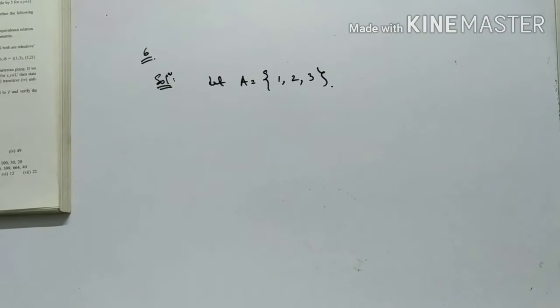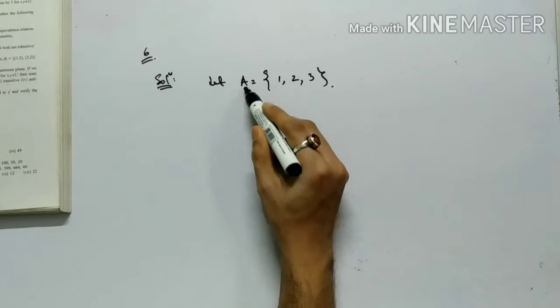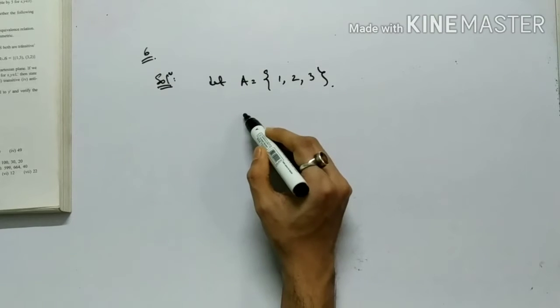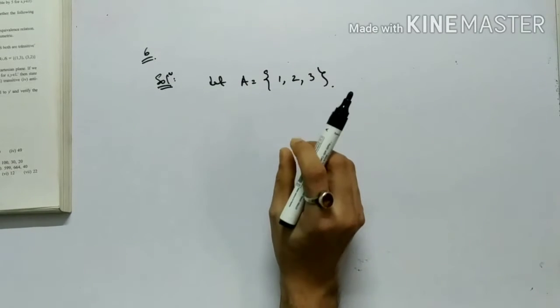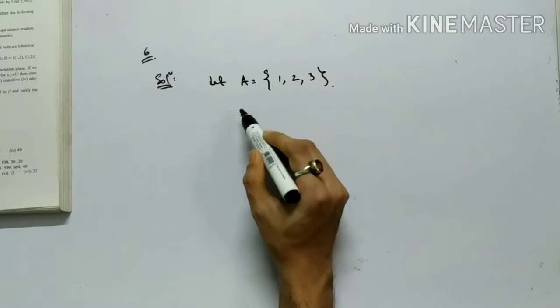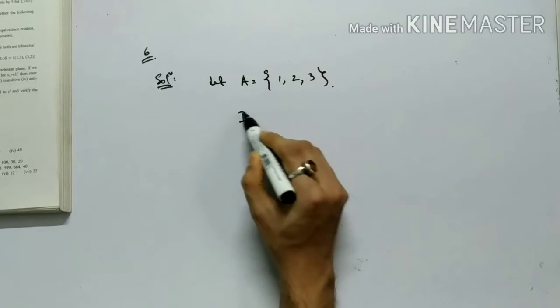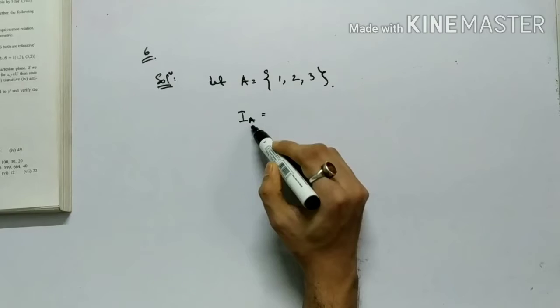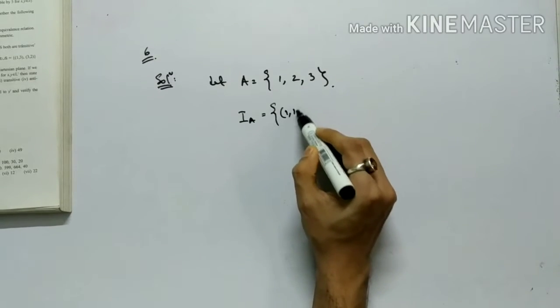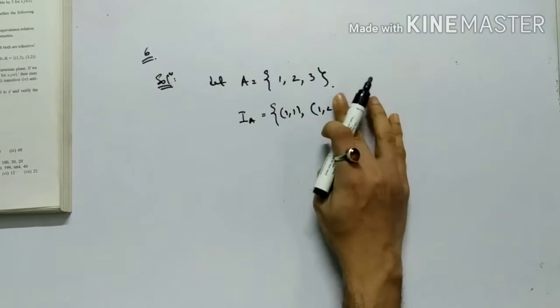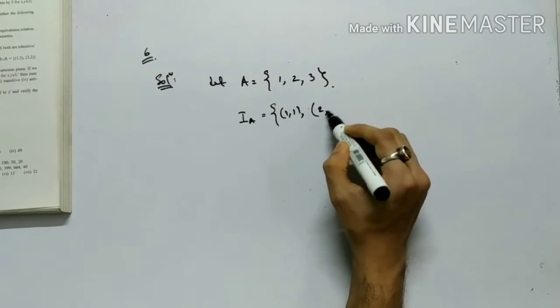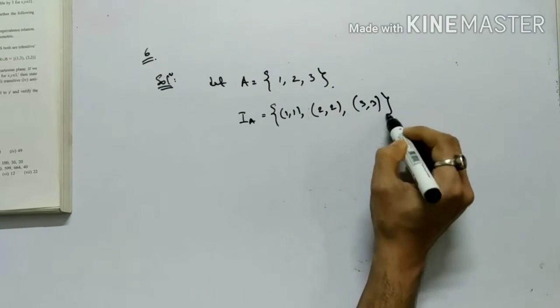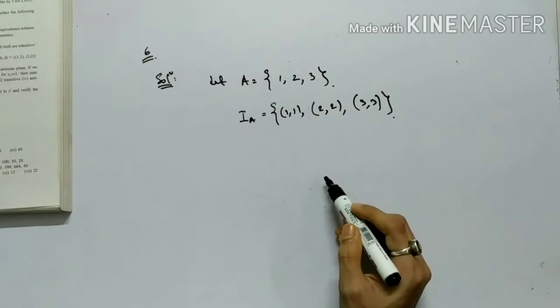The identity relation on set A, which I will take as IA, will be (1,1), (2,2) and (3,3). Yes, this is the identity relation on set A.